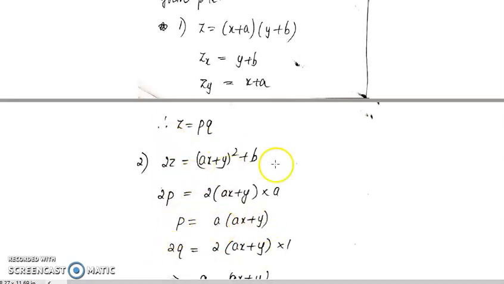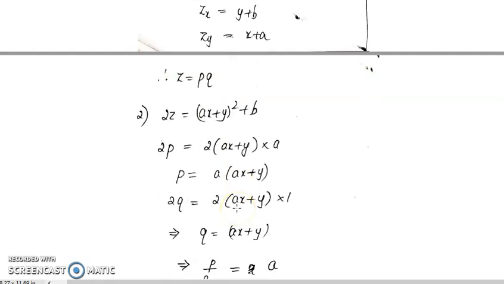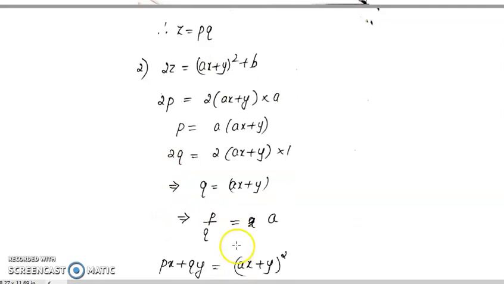Now if you differentiate with respect to y, you are going to get 2q equal to 2 (ax plus y). So 2 will cancel off again, so you will get q equal to ax plus y. So you have got the equations p equal to a into (ax plus y) and q equal to ax plus y.